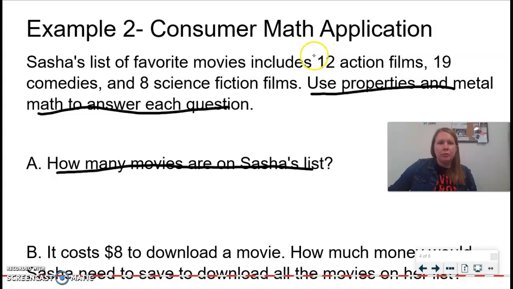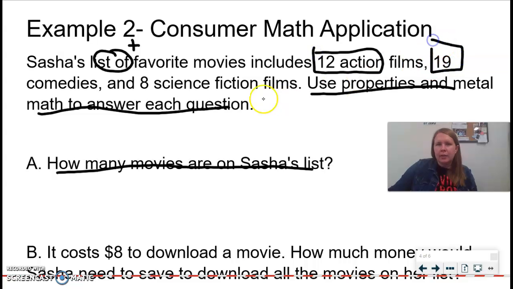Your operation would be important to circle. I'd almost say one of your clue words for that is probably the list, because the list is a number list. You'd add things from a list to count them up. All right, and then it would be important to know that I have 12 action films, 19 comedies, and 8 sci-fi.